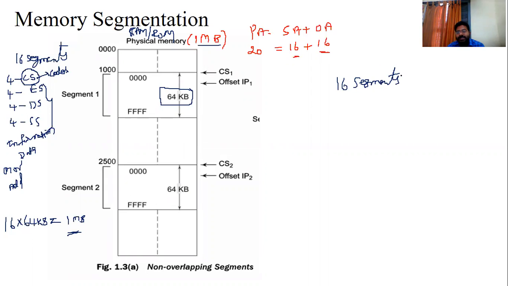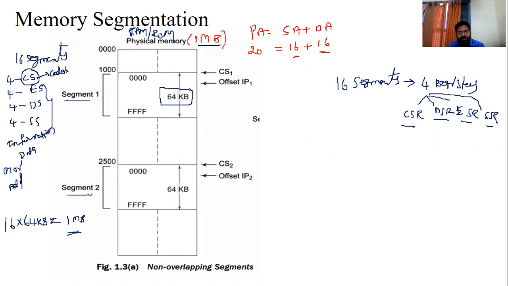These 16 segments are identified by four registers. What are the four registers? Code segment register, data segment register, extra segment register, and stack segment register.